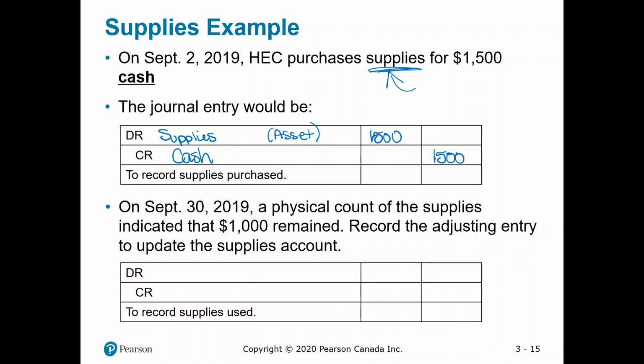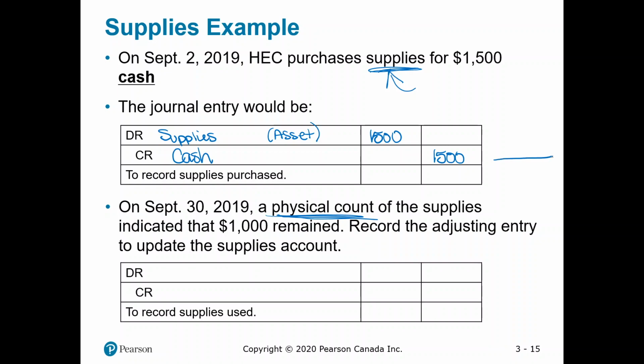So what actually will happen is at the end of the accounting period, they'll do a physical count and count how much supplies is left. And then we're doing an adjusting entry to make sure our accounts are updated to that amount. So on September 30th, 2019, a physical count of the supplies indicated that $1,000 remained.